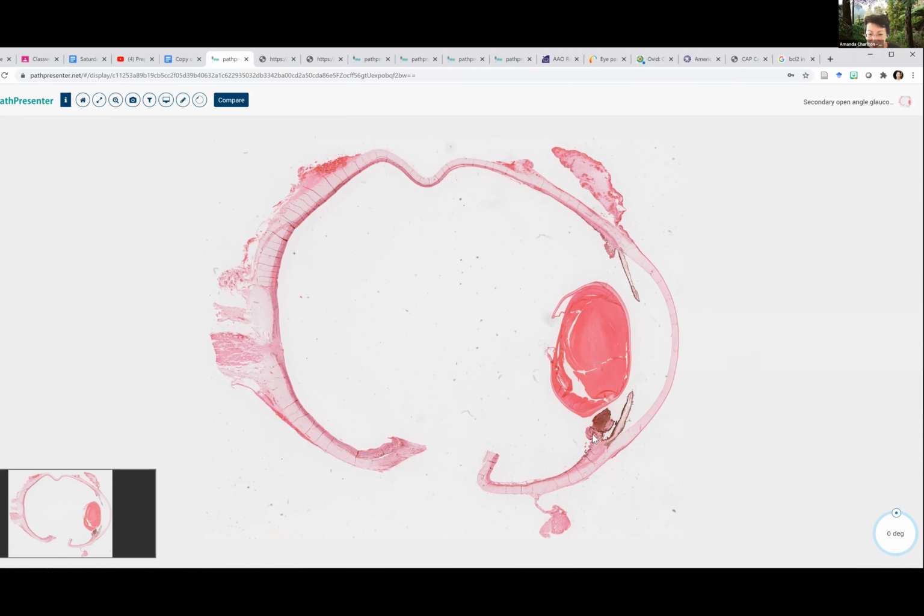Located in the vicinity of and involving the ciliary body, I can see a brown pigmented mass lesion. That's what I can see at low power. I can't see any episcleral extension.